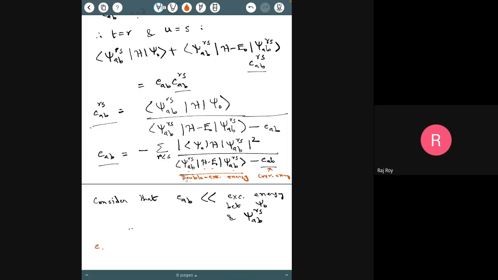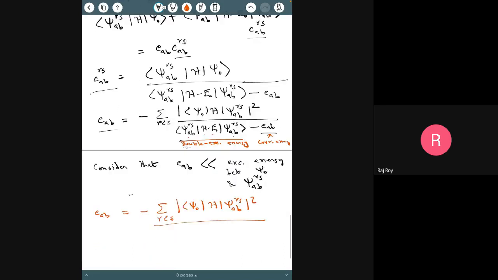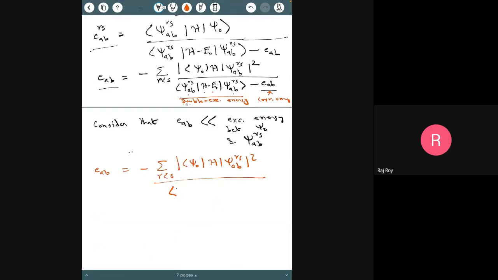And now I get the final expression for my pair correlation energy, which is the sum over RS of mod psi 0 H psi ABRS mod square divided by psi ABRS H minus E0 psi ABRS.